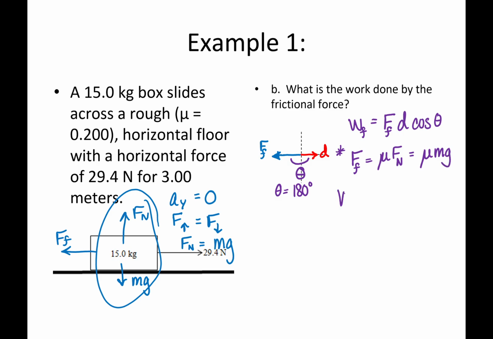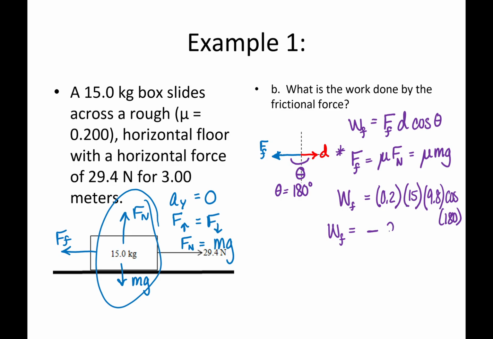Plug that sucker in. Work of friction is mu 0.2 times the normal force, which is m of 15 times g, 9.8, times the cosine of 180. All right, well, cosine of 180 is -1, so we just get a negative.